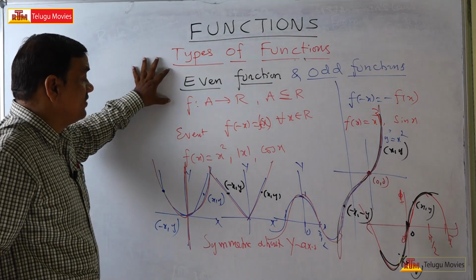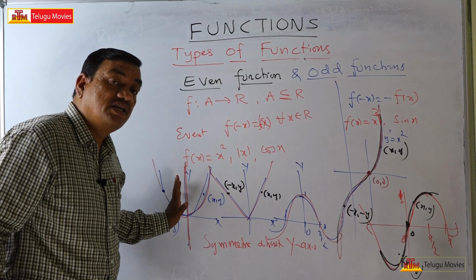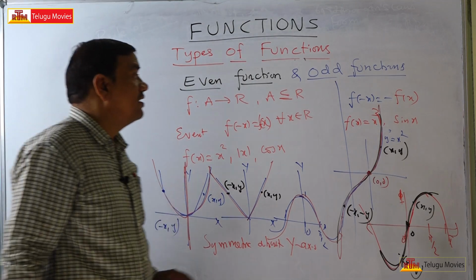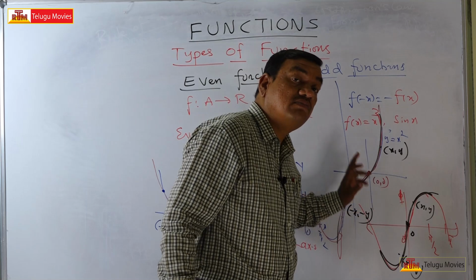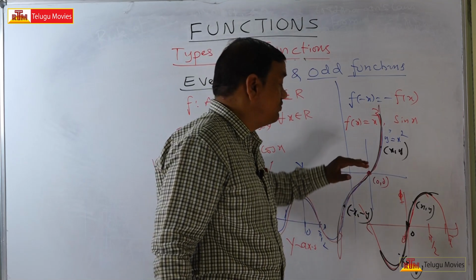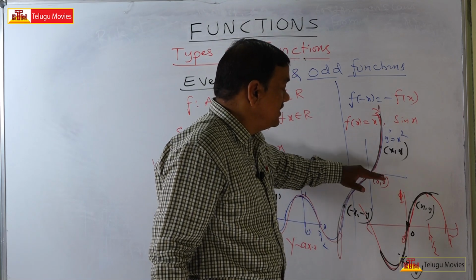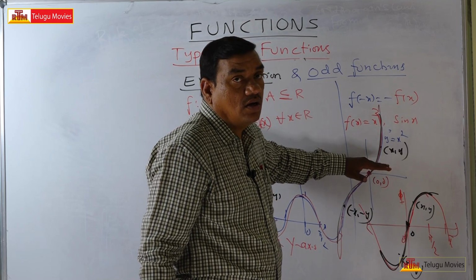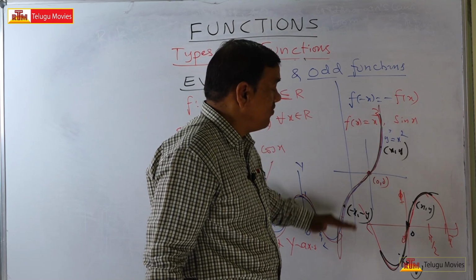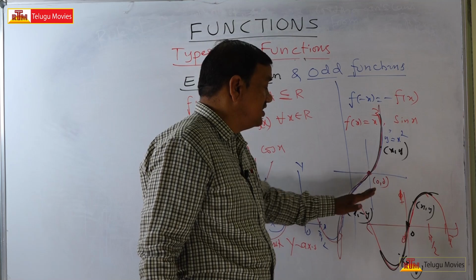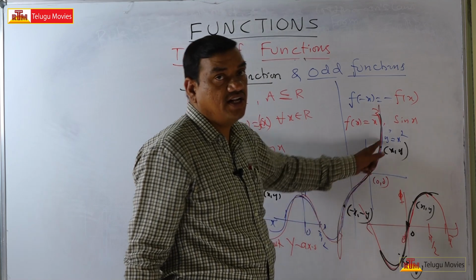That means even function graph is symmetric about y-axis. Odd function is symmetric about origin. Origin means whatever lies above the x-axis, the same graph will lie below the x-axis, but it is symmetric. This type of nature it will be there.